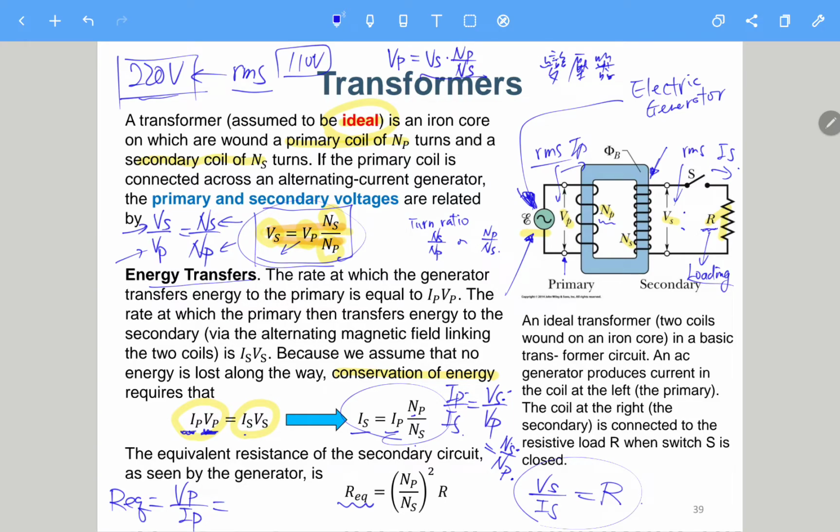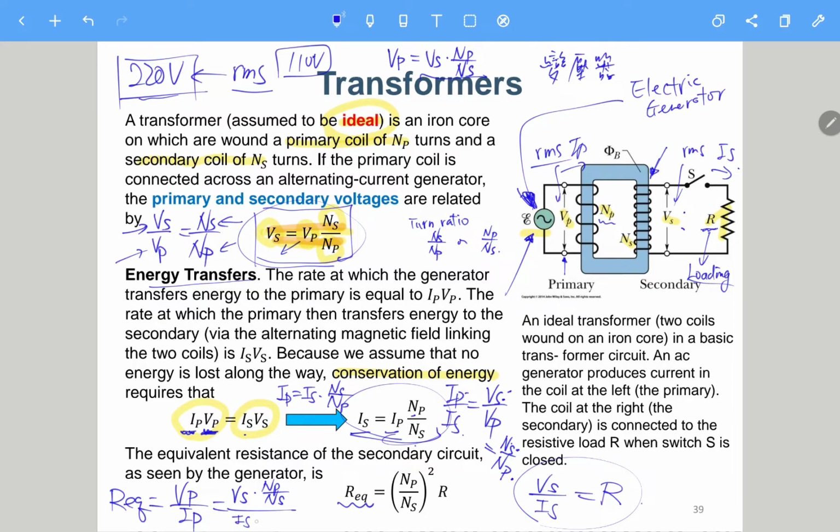And then we can plug this in here. So we have Vs times Np over Ns. And for Ip, we also move the terms over, which means that Ip equals Is times Ns over Np. And then we plug it here.